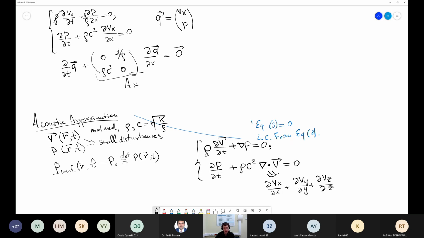Let's solve the equation, the determinant of Ax minus lambda times the identity matrix is equal to 0, to obtain the eigenvalues of this matrix. We obtain lambda squared equal to c squared, so lambda is equal to plus or minus c.